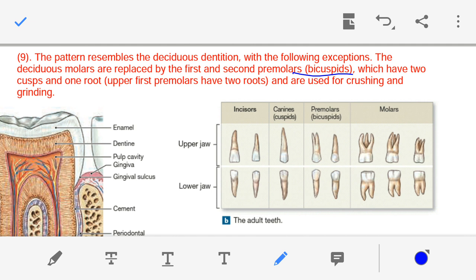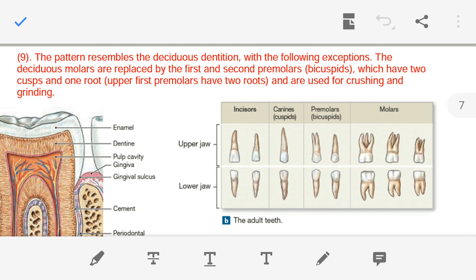That means they have two cusps, as you can see written over here, and they have one root. So this is a very useful table for you. As you can see, the premolars are shown, 1 2 3 4.